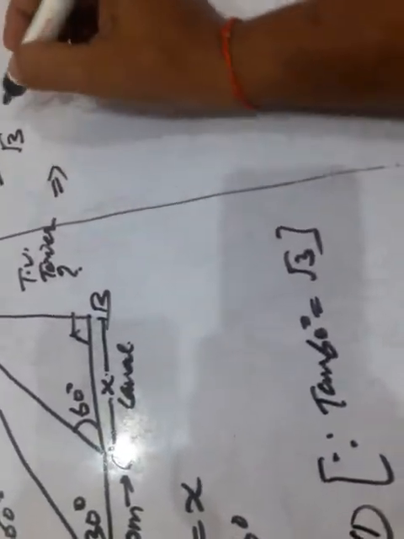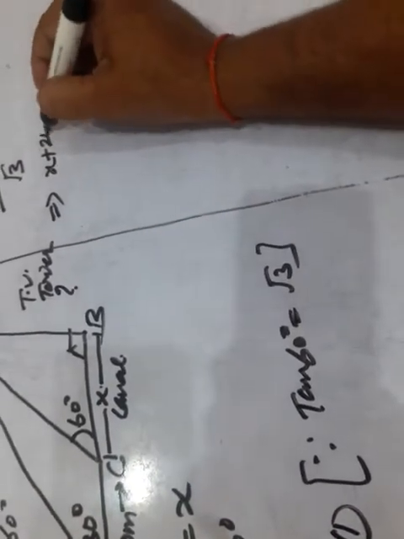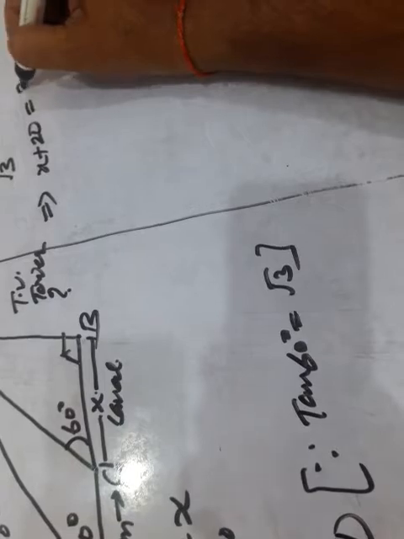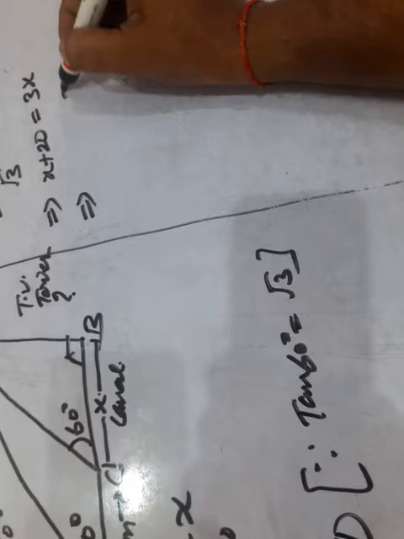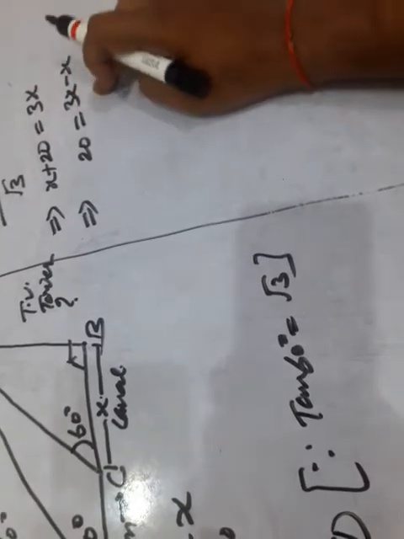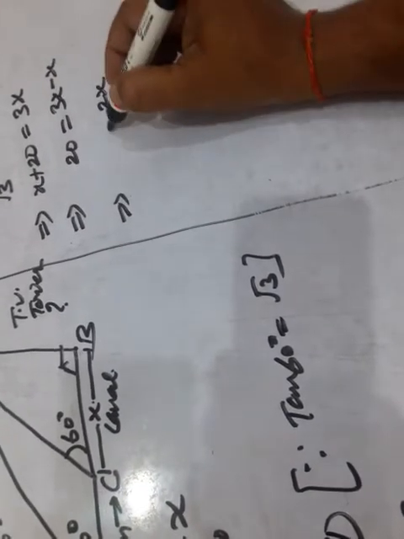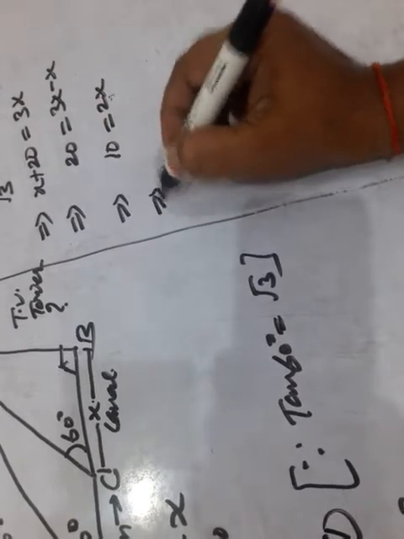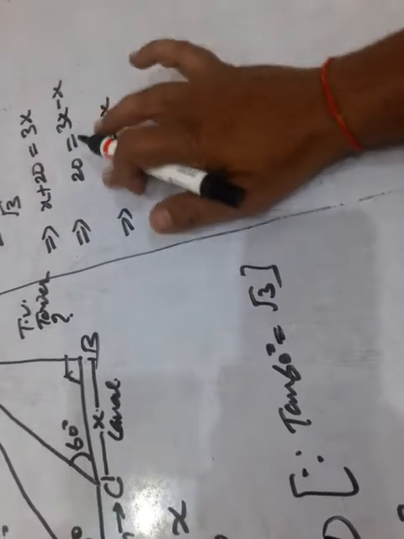This implies that by cross multiplying from 1 and 2, x plus 20 equals 3x. This implies that 3x minus x equals 20, so 2x equals 20.